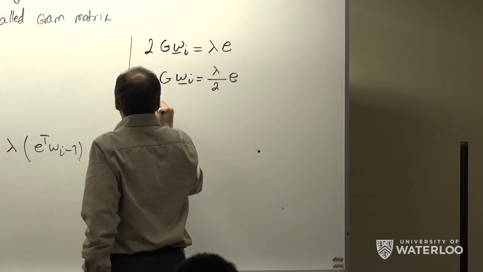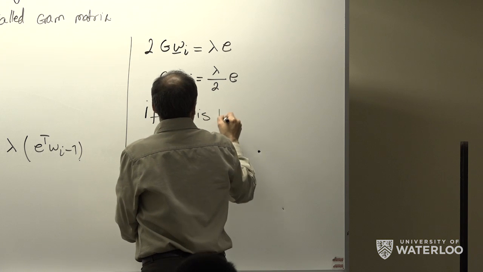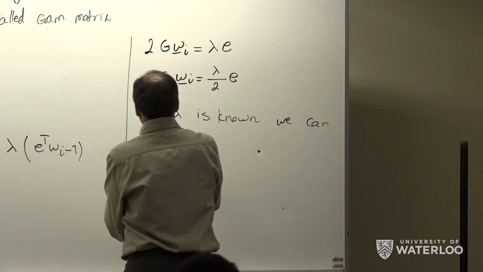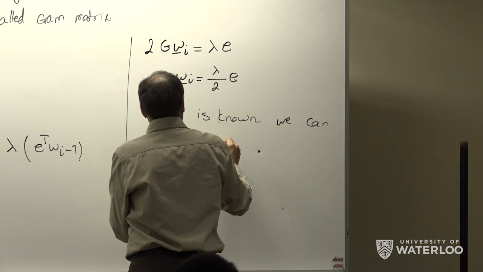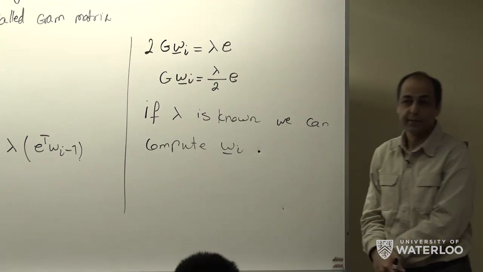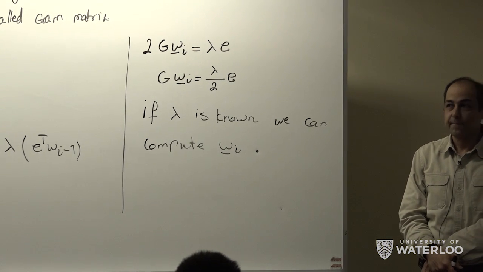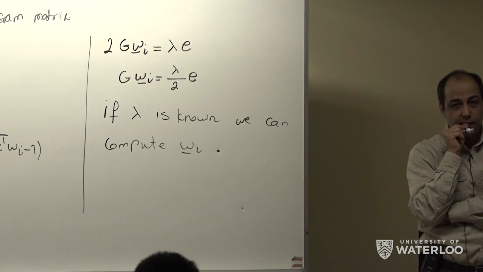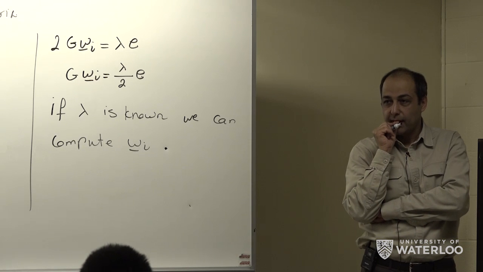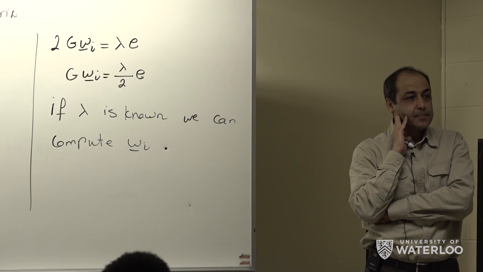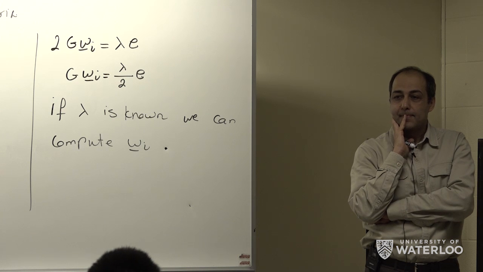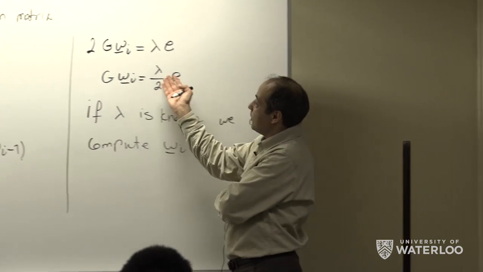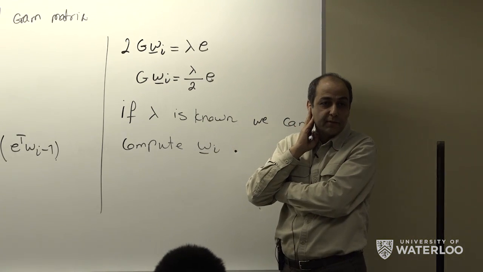So if lambda is known, we can compute Wi. But the lambda is unknown. What can I do? Suppose that I choose a wrong lambda here, what's going to happen?